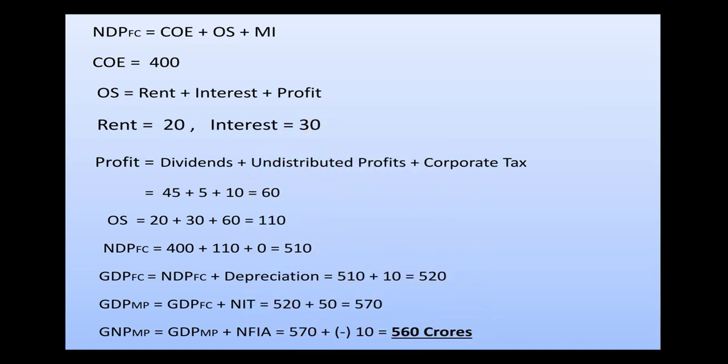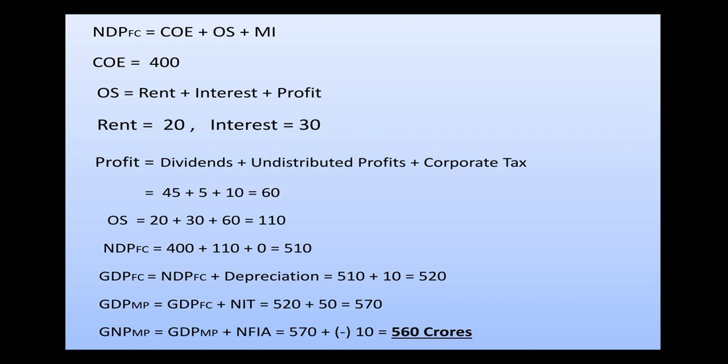NDP at factor cost is equal to compensation of employees plus operating surplus plus mixed income. Compensation of employees is given as 400. Operating surplus is rent plus interest plus profit. Rent is given, interest is given, and profit is divided into three parts: dividends, undistributed profit, and corporate tax.